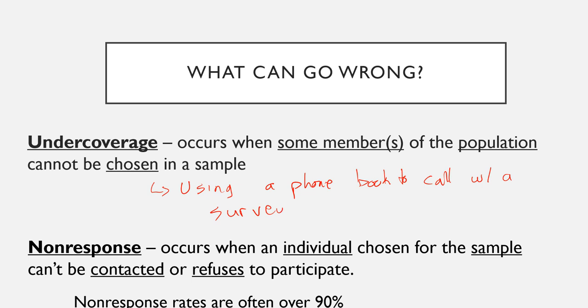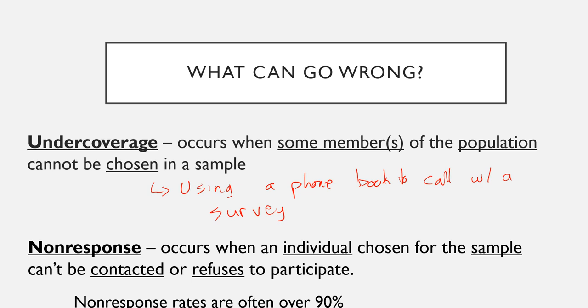Well, the problem here is more and more people just aren't using common landline phones, so they don't put their number in a phone book. It's all cell phones. So if we're using that phone book, it's not a matter of people not being able to choose whether or not they want to give their responses. They literally cannot be chosen because they don't have that phone.